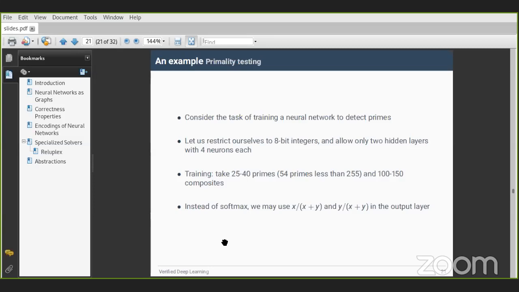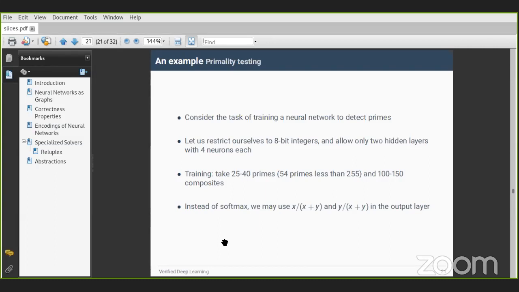Especially if you have an algorithm for it, why train a network? You can simply write down the code for the algorithm. Correct. But let's say we still want to do it. It's not about training a network to do it well or not well, but about training a network and then asking how well has it learned, if at all.